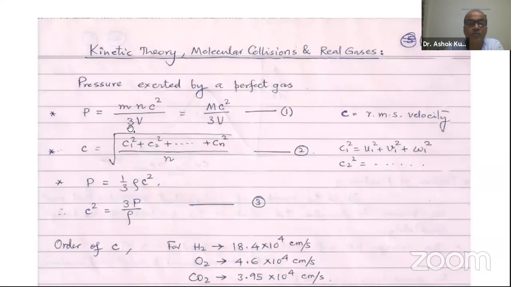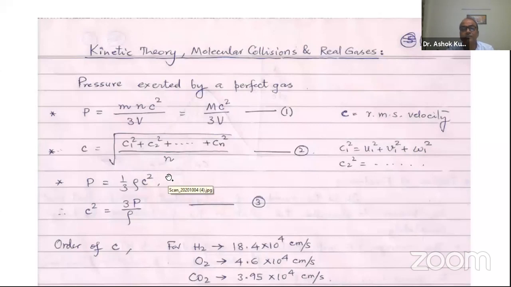So mn is the mass of the gas taken in the container, upon 3V, and C² is the square of the root mean square velocity. What is this root mean square velocity? That we have to check.